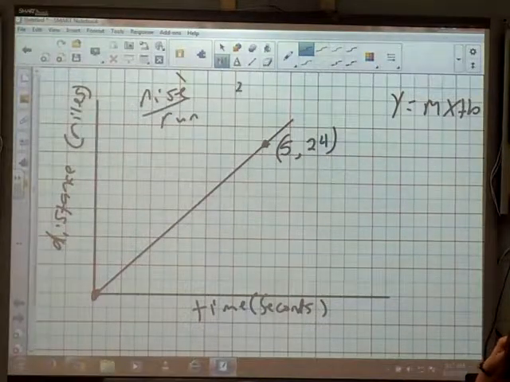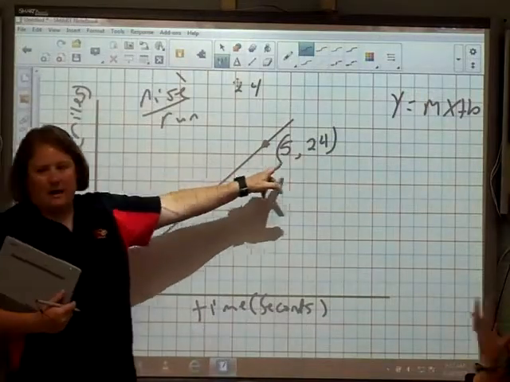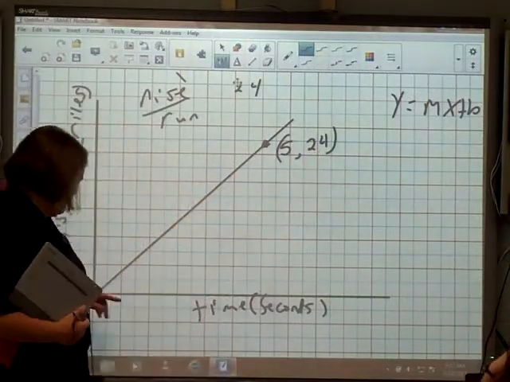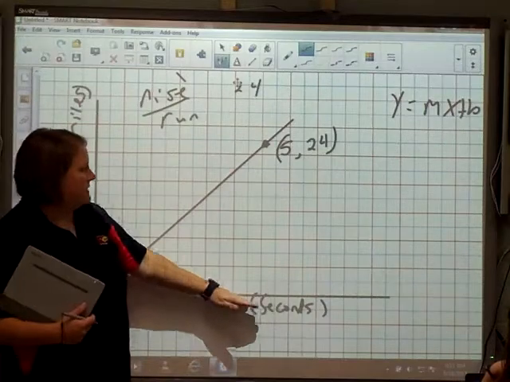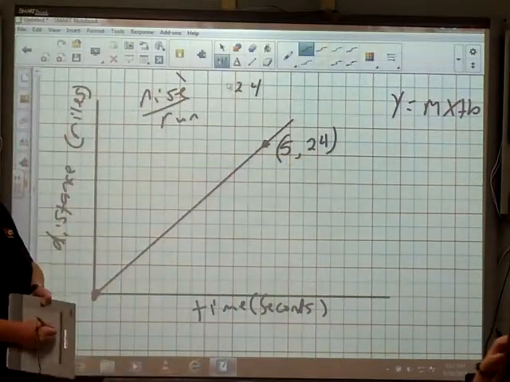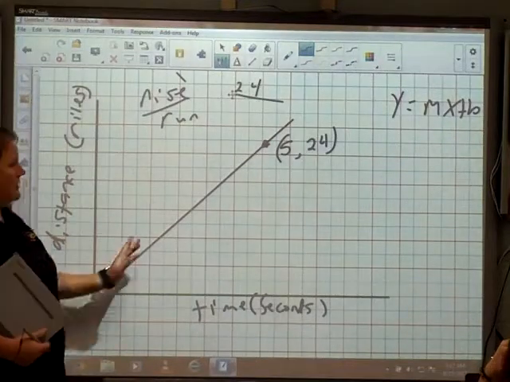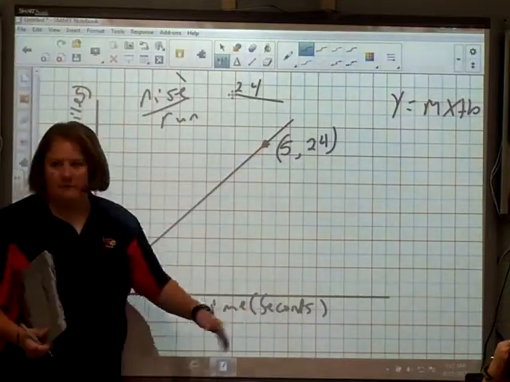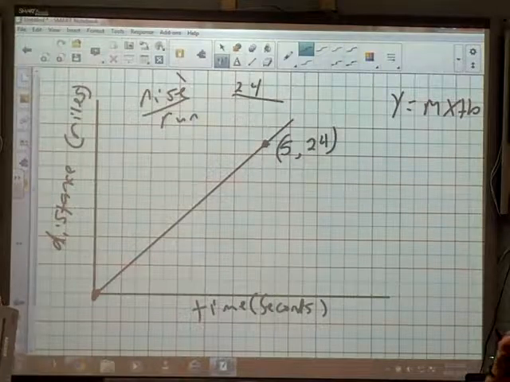Good, Carrie. Remember the second number is your y. So I go up 24, and how much did it run from here to here? 5. So the slope is 24 over 5.